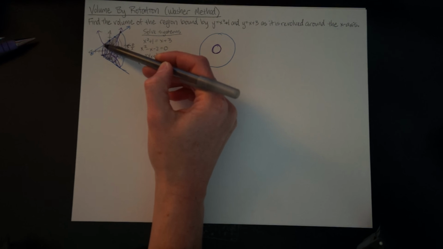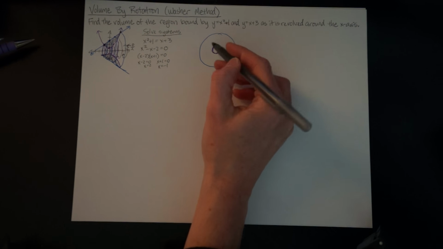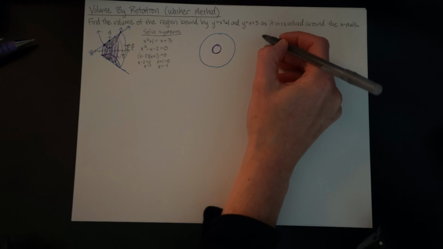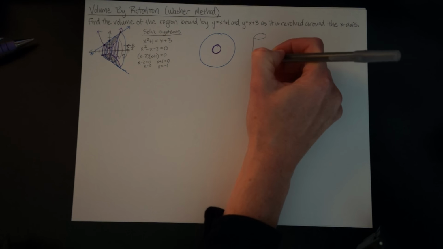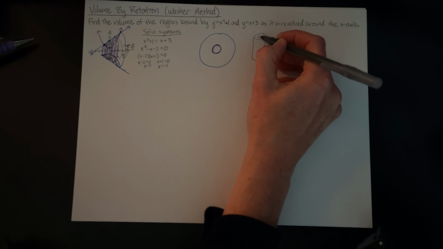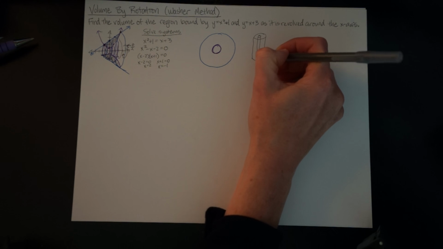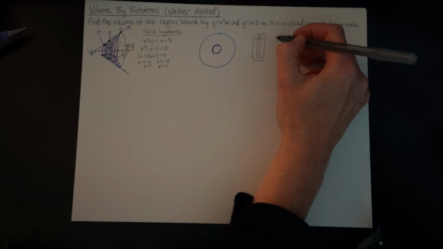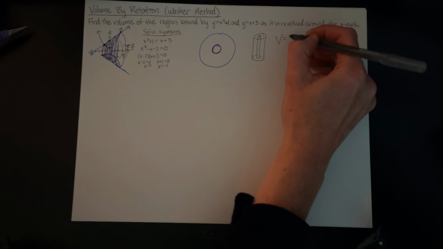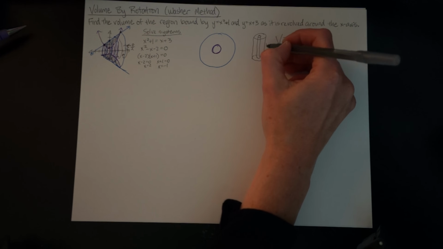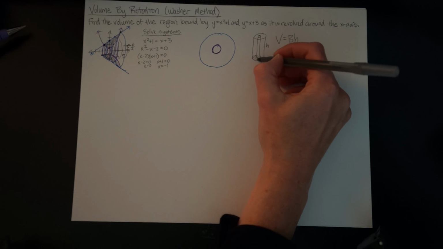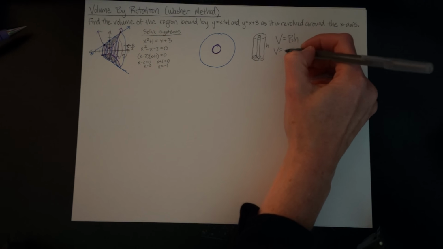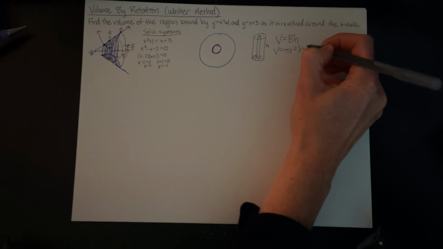Here our radius is smaller, it's getting bigger. But let's imagine for a second that our radius didn't change and we flipped this on its side and drew a cylinder with that hole cut out of it. That's something that we can work with. If you remember back from geometry, the volume of a cylinder is area of base times height. This being the height, the area of our base shape is a circle, so volume equals pi r squared times h.